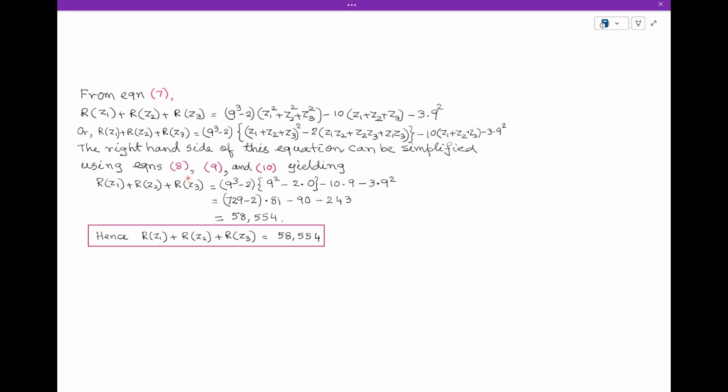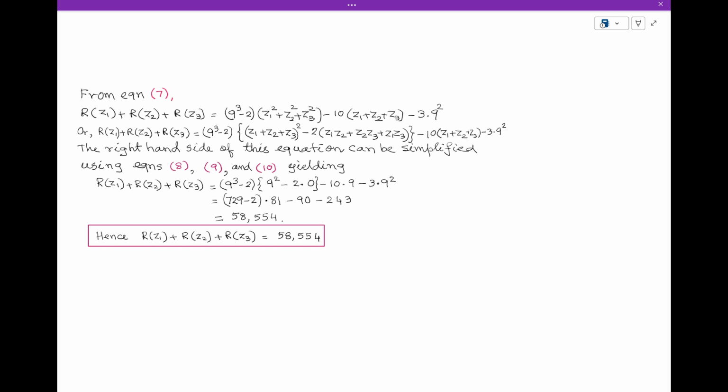Using equations 8, 9 and 10, R(g1) plus R(g2) plus R(g3) is equal to 9 cubed minus 2 multiplied by 9 squared minus 2 multiplied by 0 minus 10 into 9 minus 3 into 9 squared, that is equal to 729 minus 2 multiplied by 81 minus 90 minus 243, which works out to 58,554.